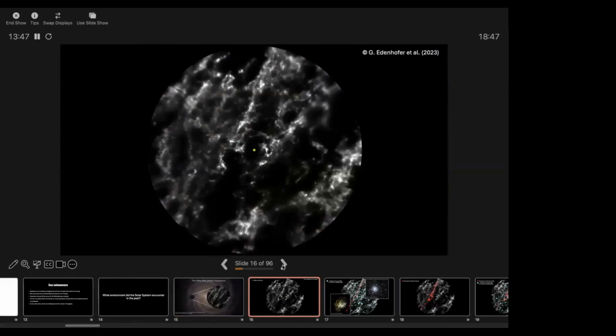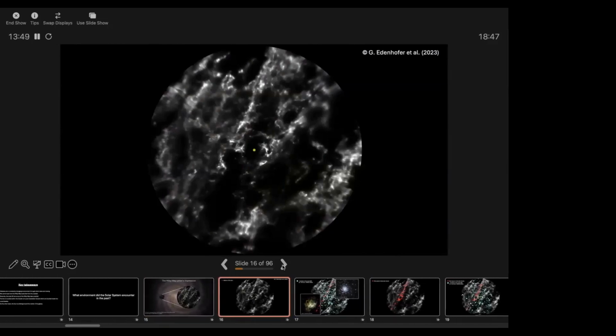And so just to zoom in, we know that the sun is there. We know that the motion of the sun is coming from this direction. So if you take the velocity of the sun and the position of the sun, and you assume a Milky Way potential, then you can go back in time. You can rewind the orbit of the sun for at least 20 million years.